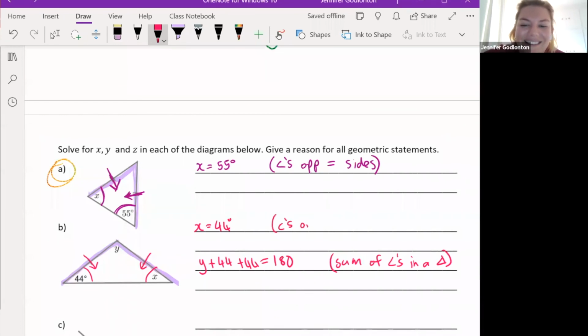Angles opposite equal sides. 100%, Junior. Yes. Well done. Okay, so when we get to this point over here, then we could say y is equal to 180 minus 44 minus 44. And so that gives us a total of y is equal to 92 degrees.